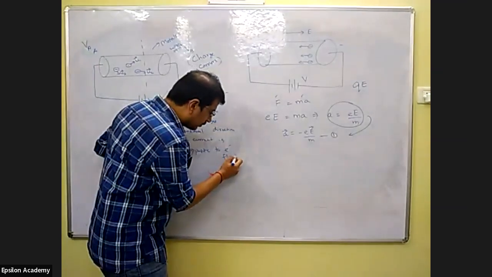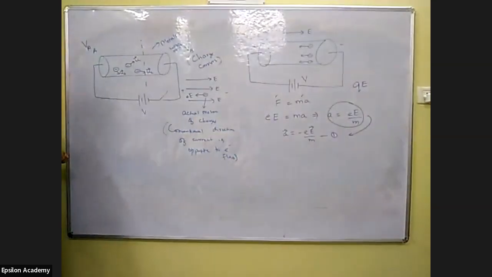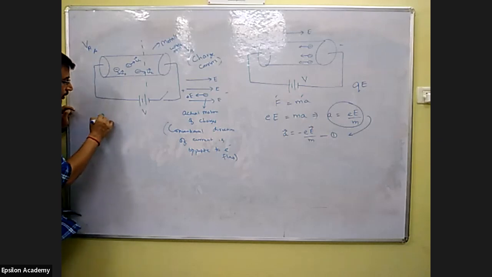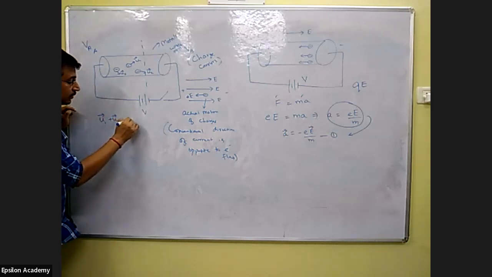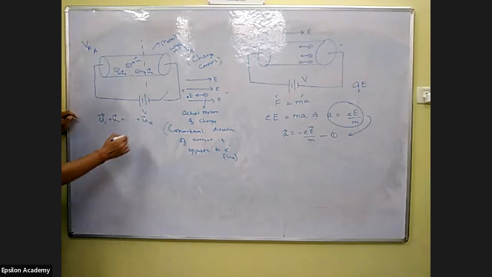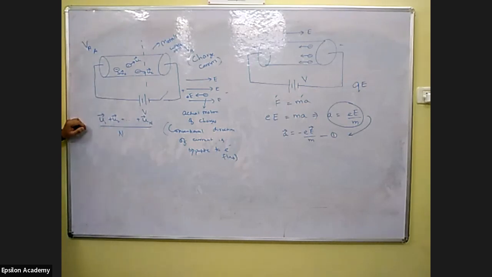Okay. Now, if I look at this diagram, I told you one point at the beginning. What did I tell you? That u1 vector plus u2 vector plus so on till un vector, if you divide these values with n, what do I call this quantity? It is the vector sum of all the initial velocities divided by the total number of electrons.